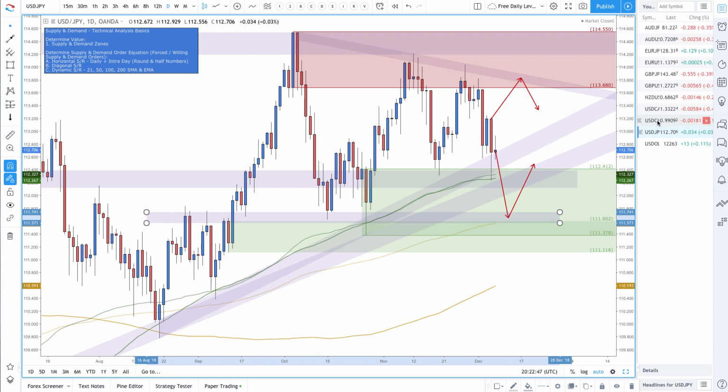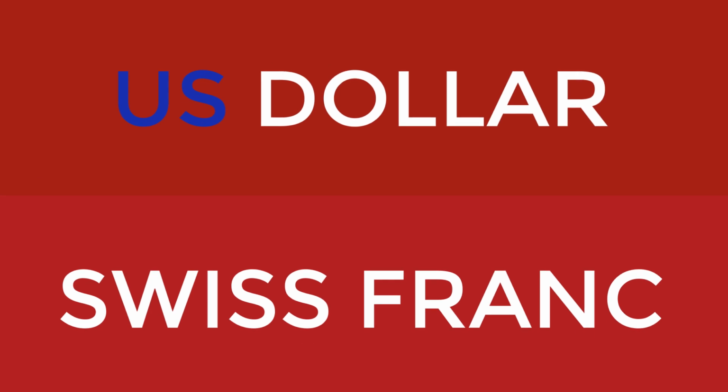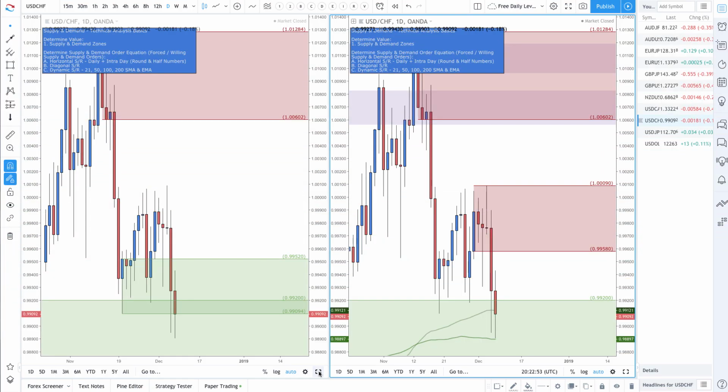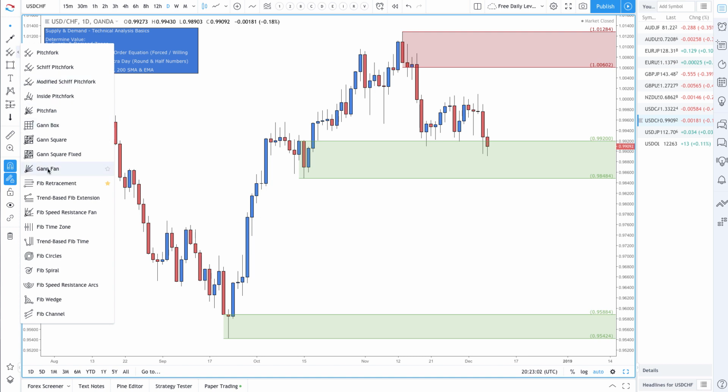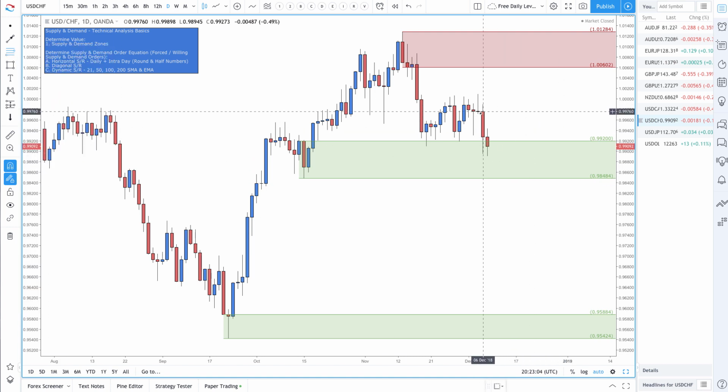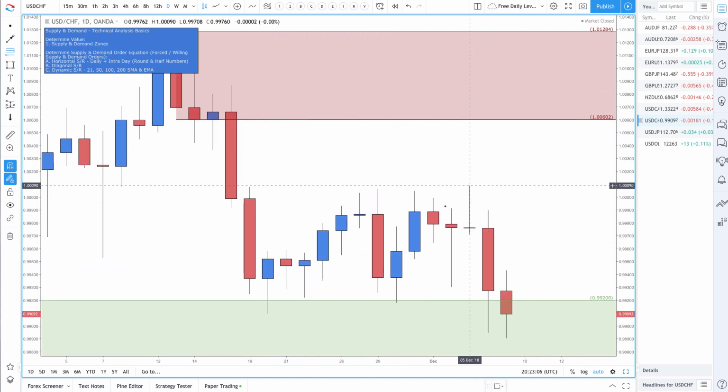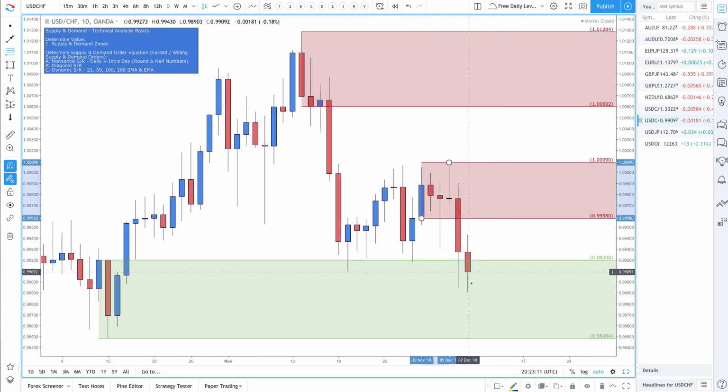So now looking towards the dollar Swiss. Now the dollar Swiss, we've cleared that, and what we have as well is a bit of supply as we've made a lower low into this zone.